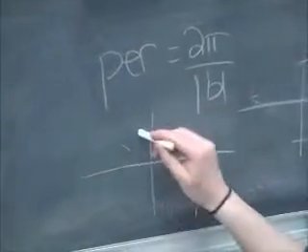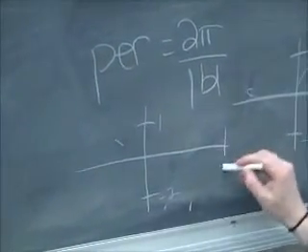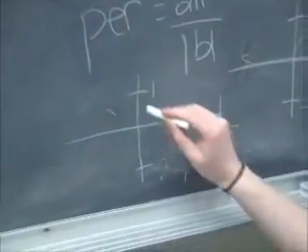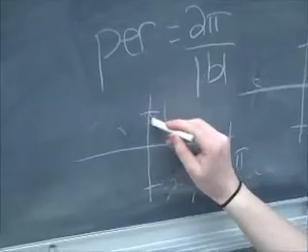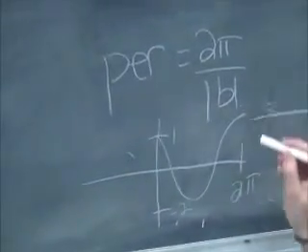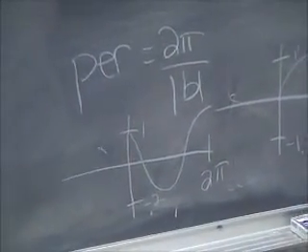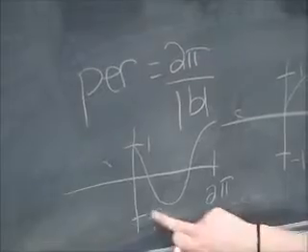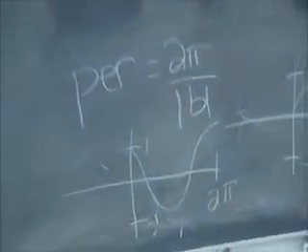And then the basic cosine parent function, you have the amplitude of 1 again, and a period of 2 pi. And it starts at 1, goes down, and then goes like that, just like in one loop. So that's your basic cosine. Oh, that's supposed to be 1, sorry. That's your basic parent functions.